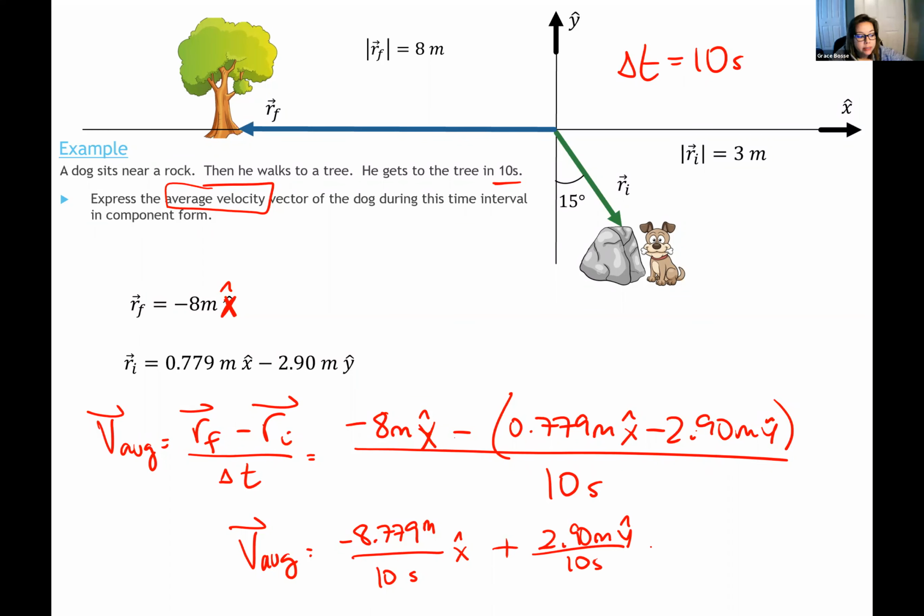So I just distributed that denominator to both of them. And so this is how I'll get my final velocity: -0.8779 meters per second x hat plus 0.290 meters per second y hat. And that's my final answer for the average velocity during this time period when the dog was walking from the rock to the tree.